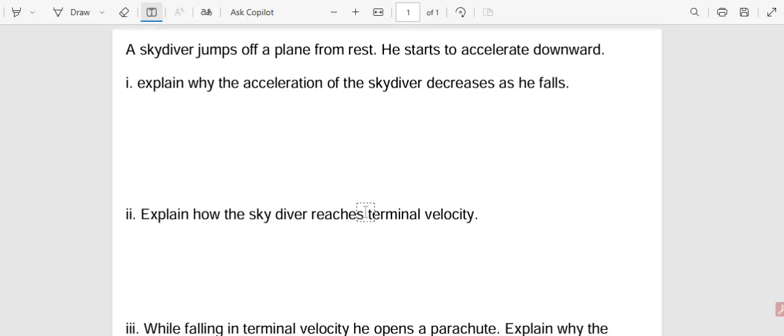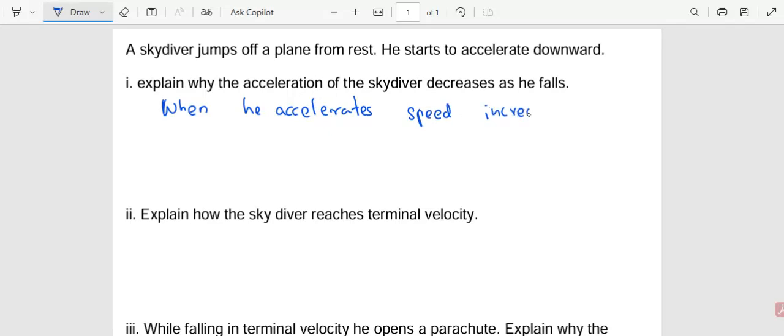So the skydiver jumps off a plane from rest. Explain why the acceleration of the skydiver decreases, right? You can say, when he accelerates, speed increases, therefore upward air resistance increases.